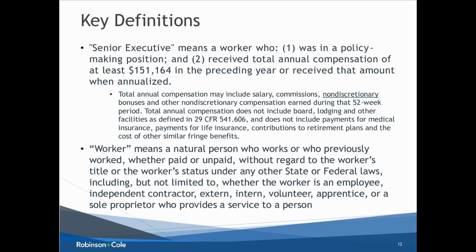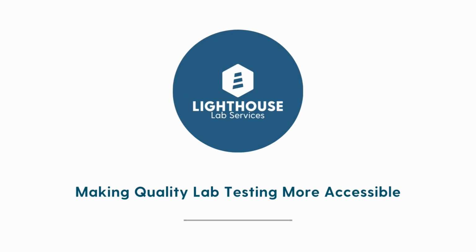So a senior executive is a worker who's in a policy-making position who received annual compensation of at least $151,164. And you can see that those definitions also relate back to the ones that we just covered a minute ago.